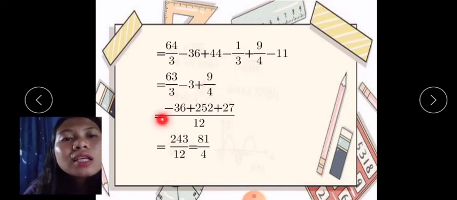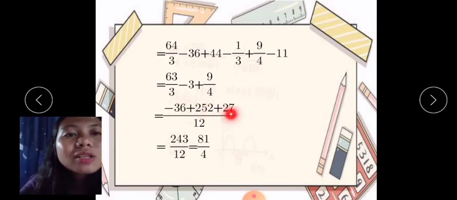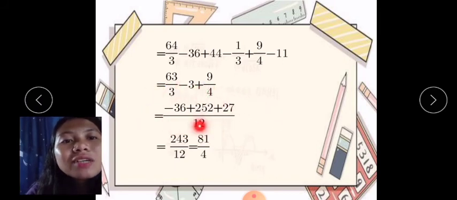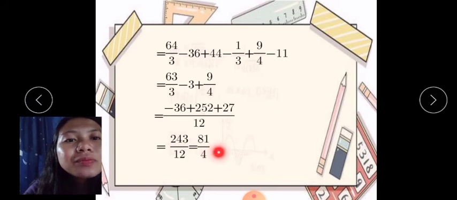So the result is (-36 + 252 + 27)/12. So by simplifying, we have 243/12, and the final answer is 81/4.